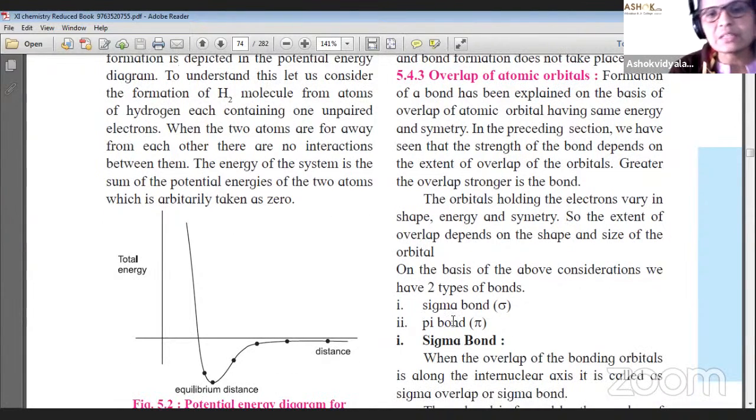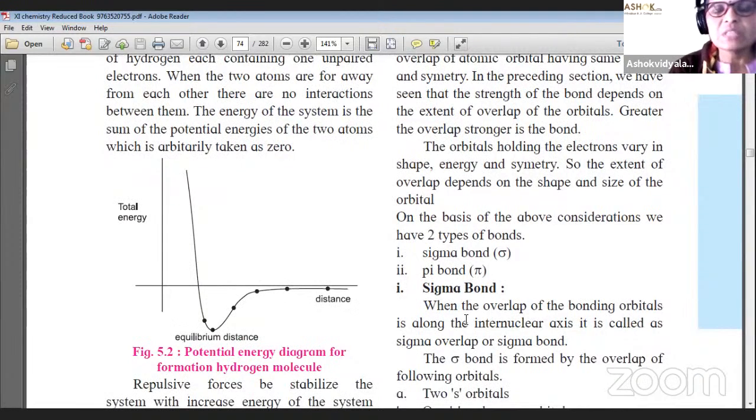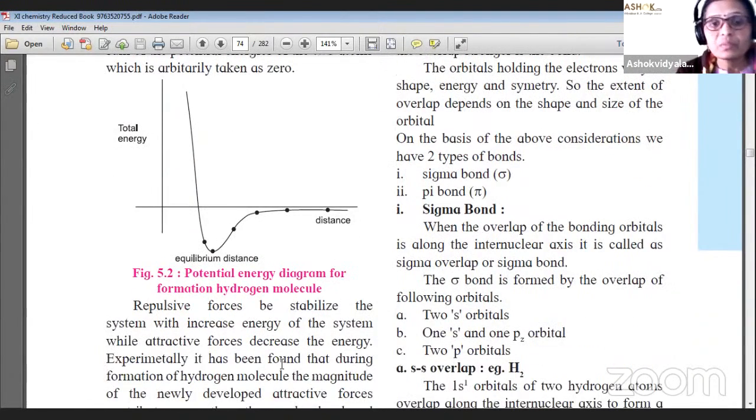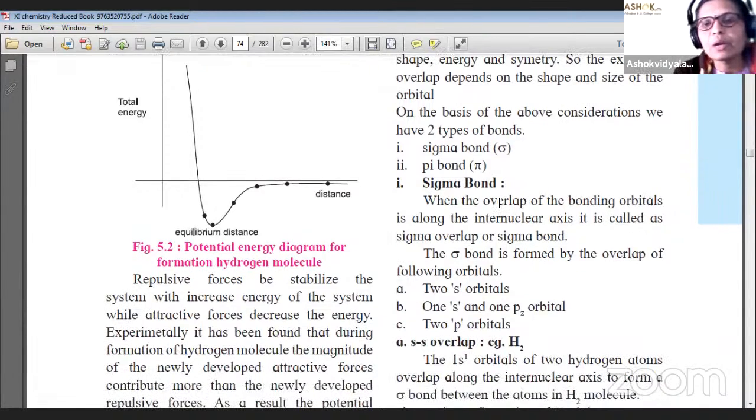First is the sigma bond and another is the pi bond. So let's see what is meant by a sigma bond. See, when the atomic orbitals overlap along their internuclear axis, note this important point, a sigma bond is nothing but the overlapping of the atomic orbitals along the internuclear axis.